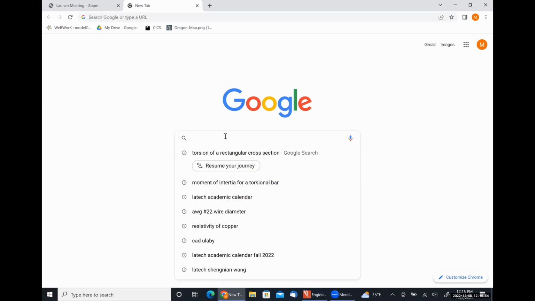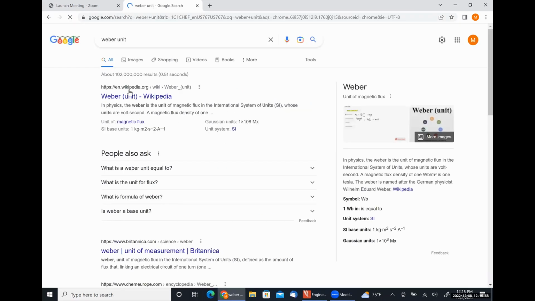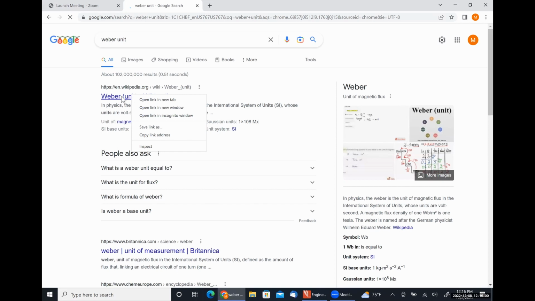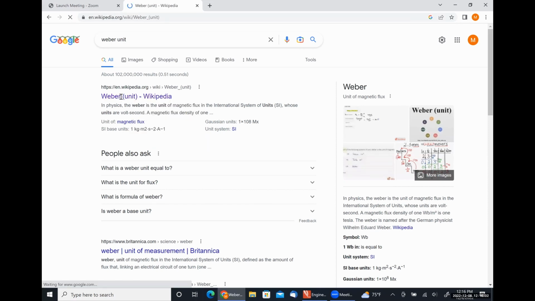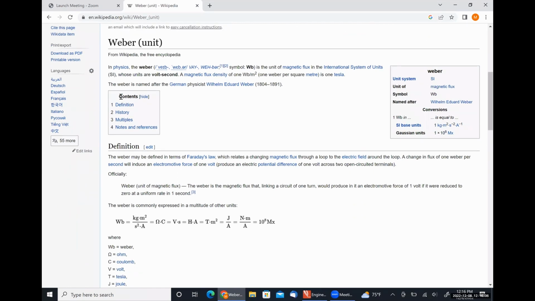There we go. Let's see what good old Wikipedia has to say here. So a Weber is a volt second. Right here, the third relationship.